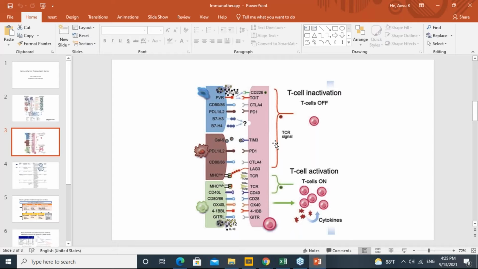So currently, there are a lot of very exciting drugs being developed to target those. What happens is when we develop an antibody that binds to those inhibitory molecules, that will separate the interaction between that molecule and the ligand, which are on the immune cells to activate the immune cells.